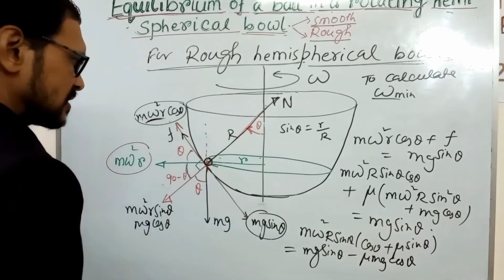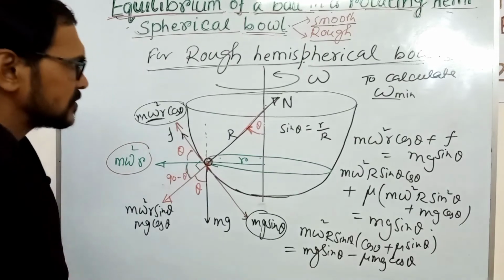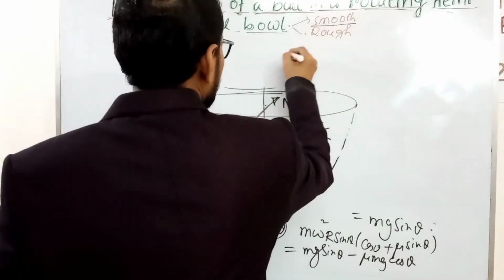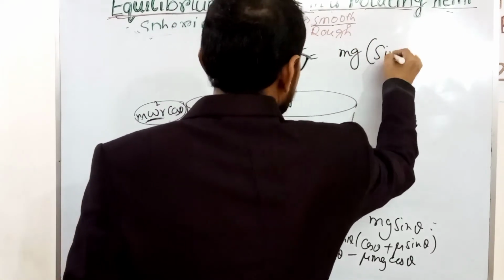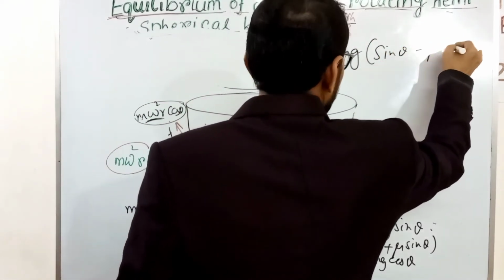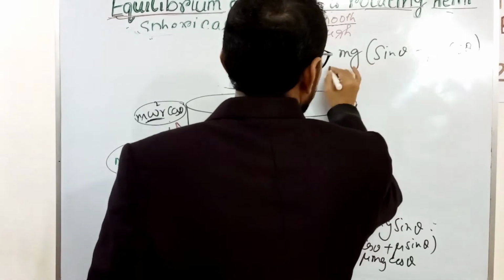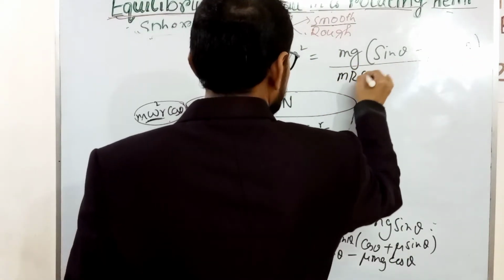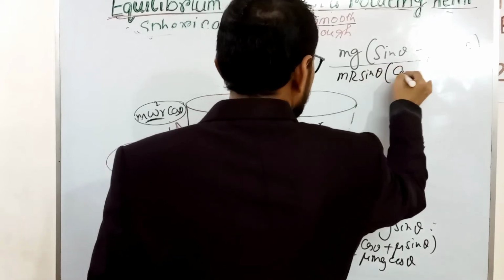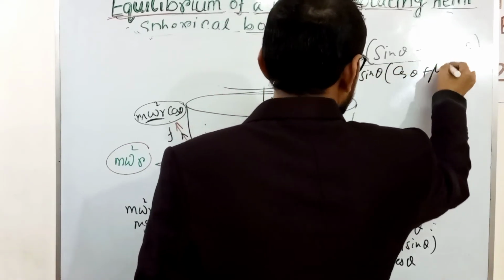So we get omega square equals g (sin theta minus mu cos theta) divided by R sin theta (cos theta plus mu sin theta).